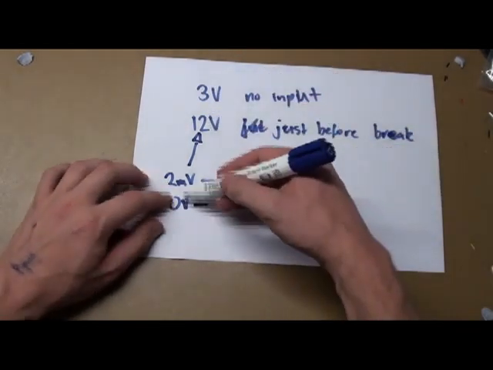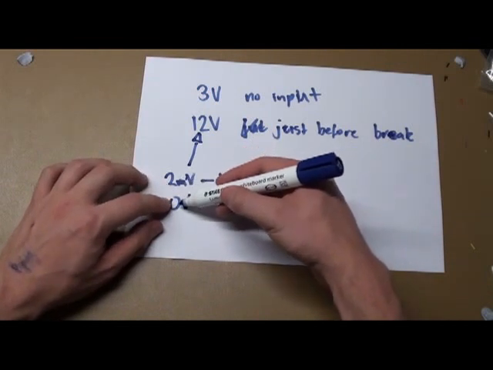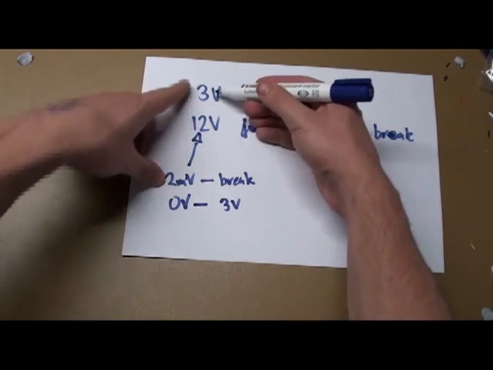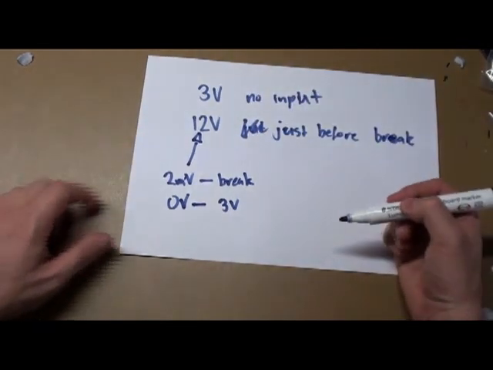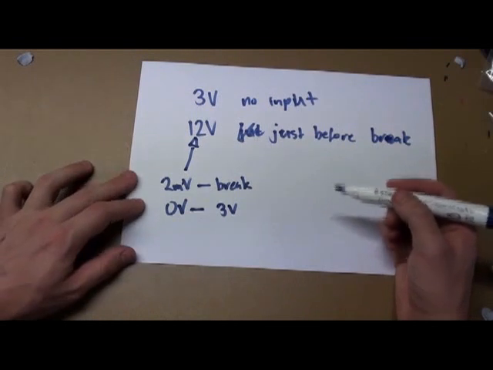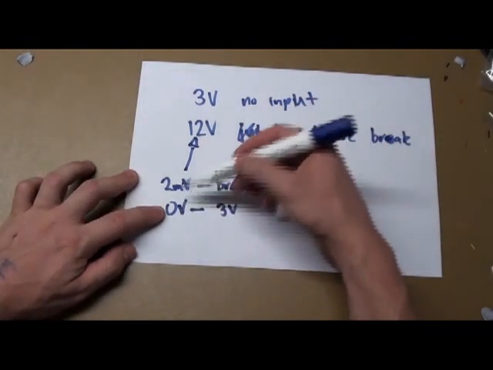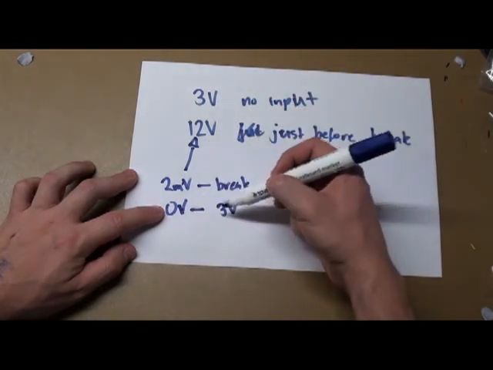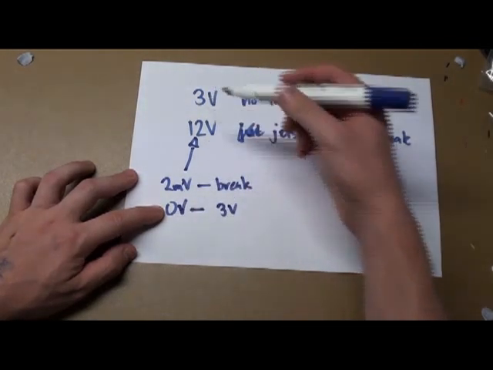And there'll be a defined gradient. So if we go up by 1 millivolt, how much should this go up by? That's the gradient. And the thing we also need to think about is the voltage offset. So if we want to make 0 volts into 3 volts, we can't just do it by multiplication. We have to add some volts on.